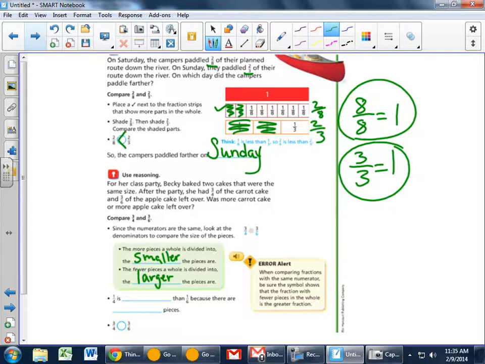So 1/4 is larger than 1/6 because there are fewer pieces. Okay, so we're looking at just comparing those 1/4 and 1/6. We know that the 1/4 is going to be bigger because there are fewer pieces.